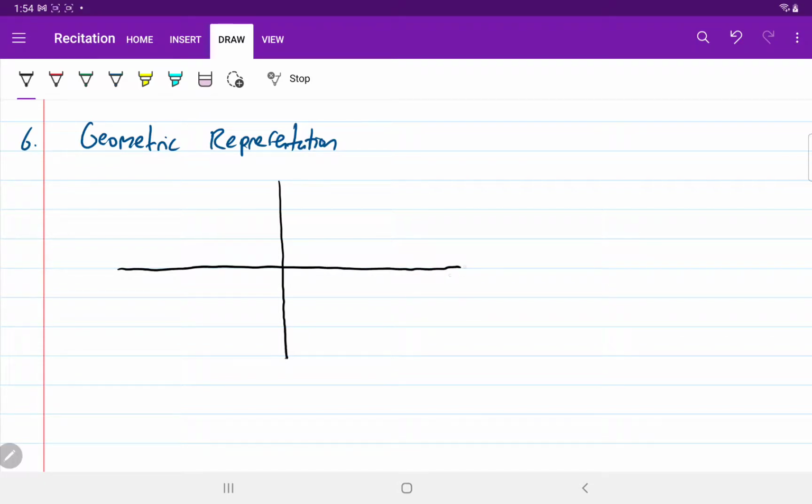Say the x-axis is usually the real part, and the y-axis, the vertical one, is the imaginary part. This way, if z is a complex number a plus bj, we say this is a and this is b, so the complex number is at this point right here.